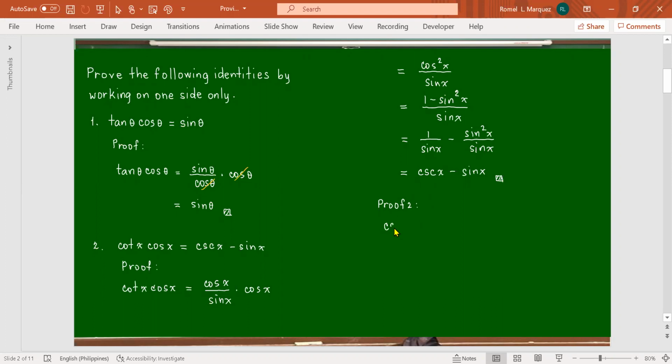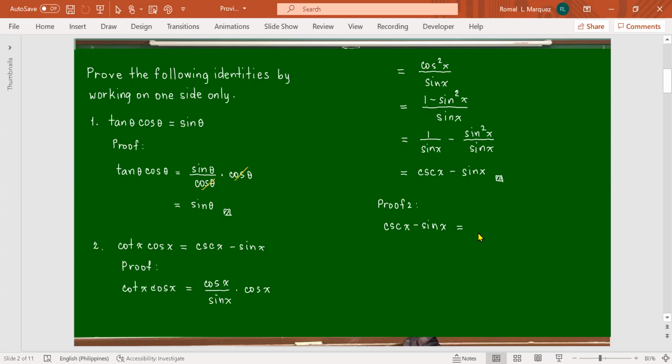So that is cosecant x minus sine x. So again, our goal is to express this difference in terms of product. So meaning we have to combine these two terms into a single term. How to do that? So let's try working on cosecant x.